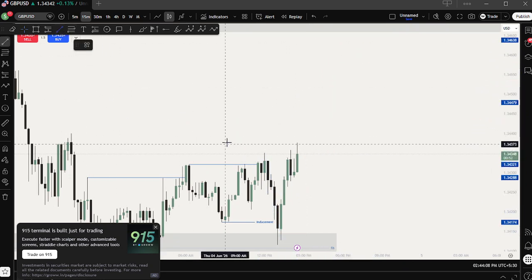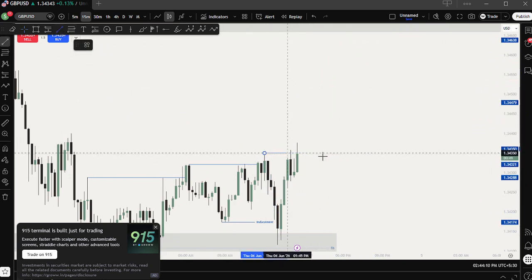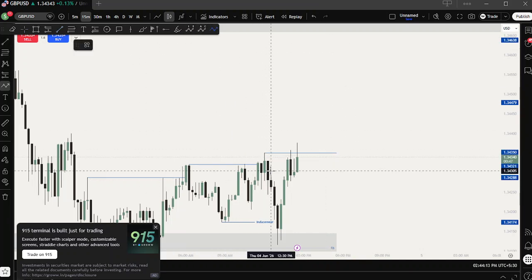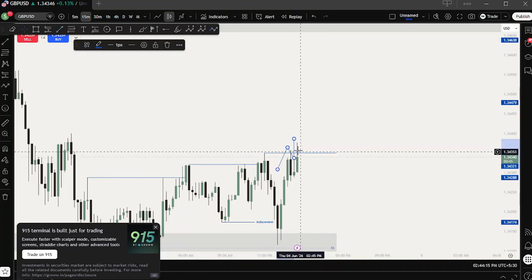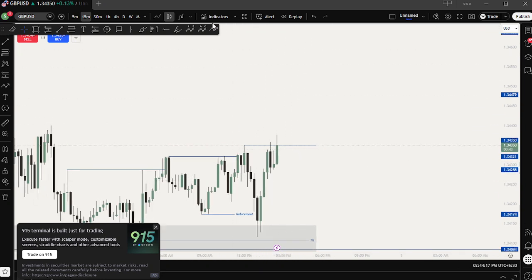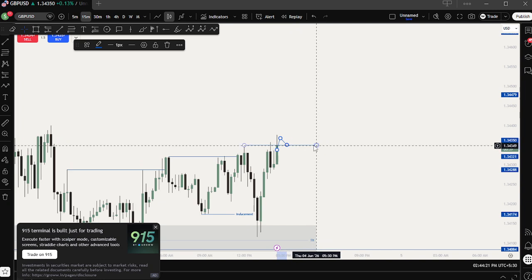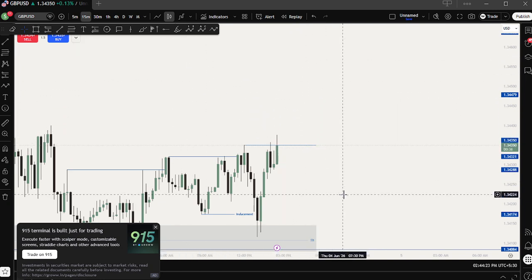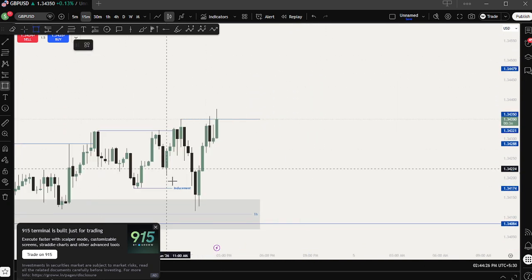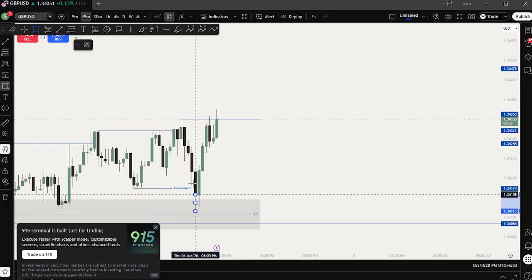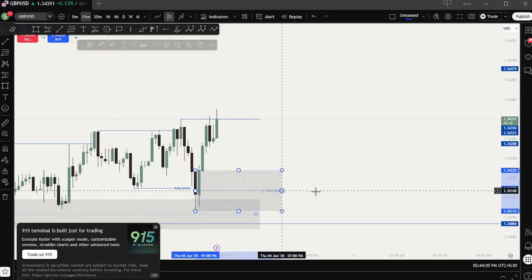And after that, we have price coming to violate this level. Currently it's only a wick, but just for confirmation, I want a 15-minute candle close above this level. If that happens, what will we be trading? I will be trading this POI directly.